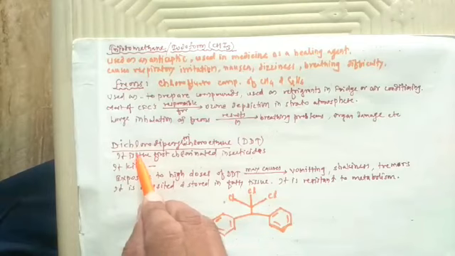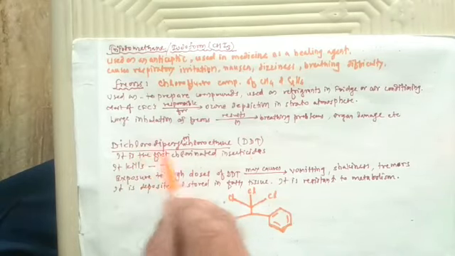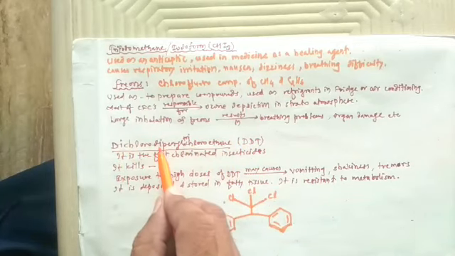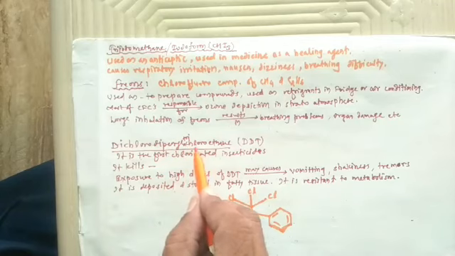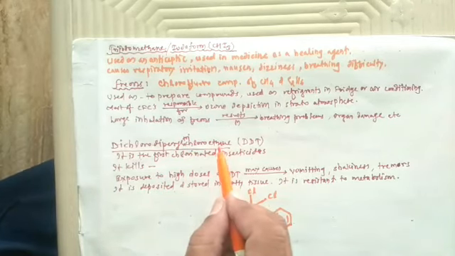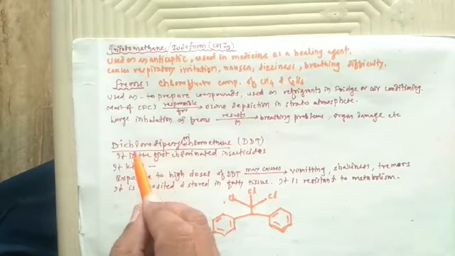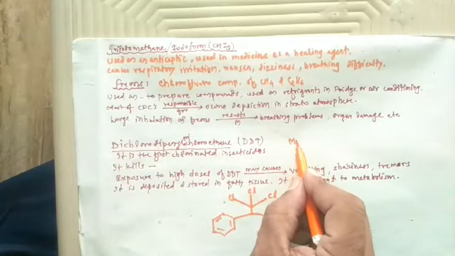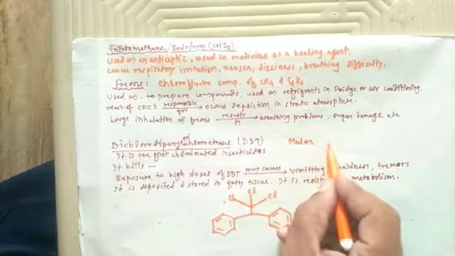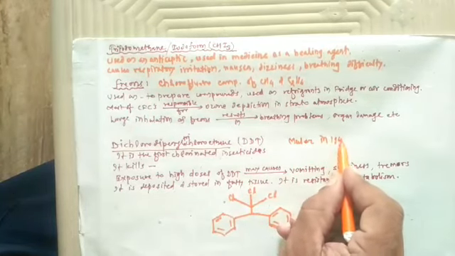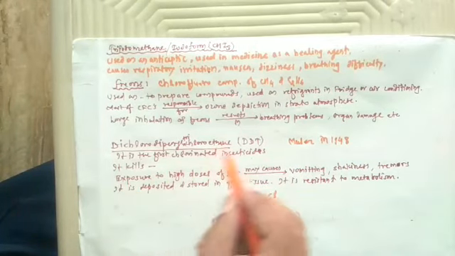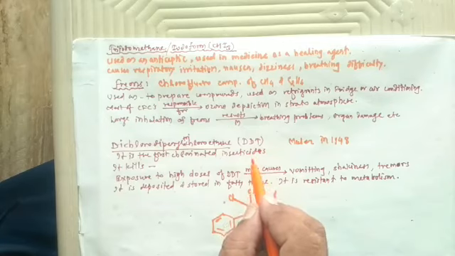Then the last compound which we are going to study is DDT. Its name is dichloro diphenyl trichloroethane. This DDT was discovered by the scientist Paul Mueller in 1948. Later on, he got the Nobel Prize for his discovery.